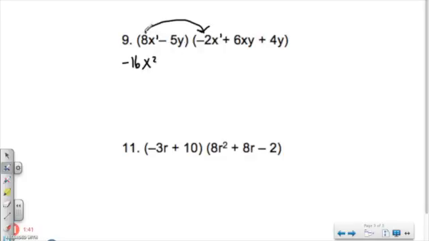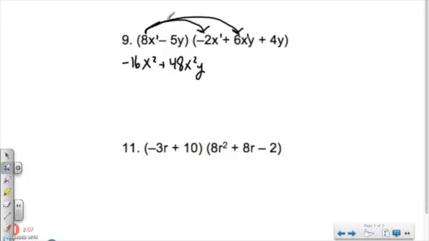Now I'm going to multiply this 8x times the second term, which is 6xy. Again, my coefficients get multiplied, so 8 times 6 is 48. And then my x's get put together, so x to the first times x to the first is x squared, and then I'm still multiplying by that y, which doesn't have any variables to get paired up with.